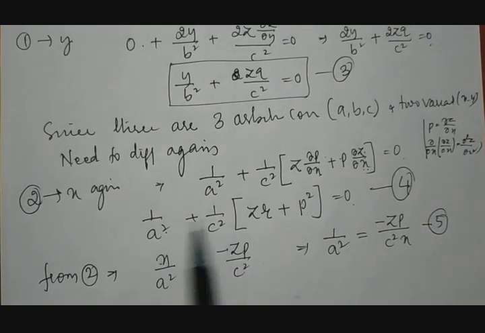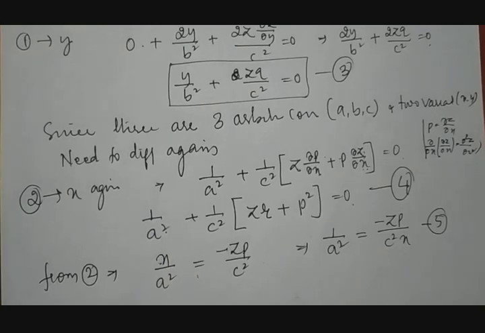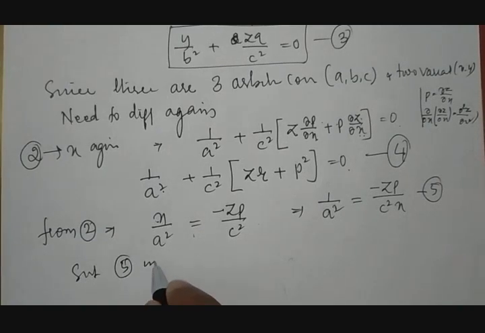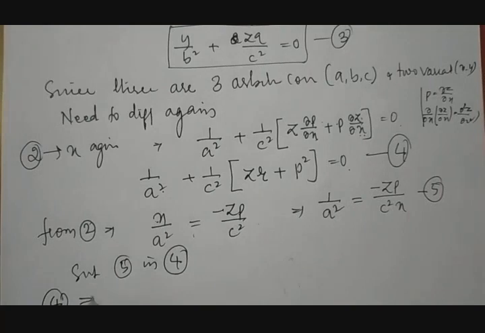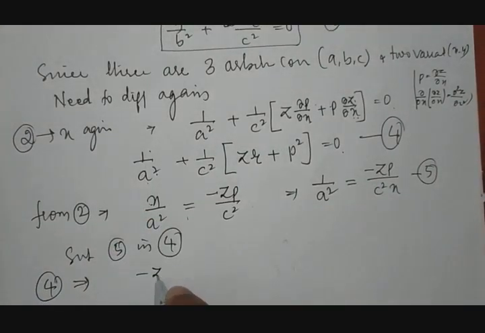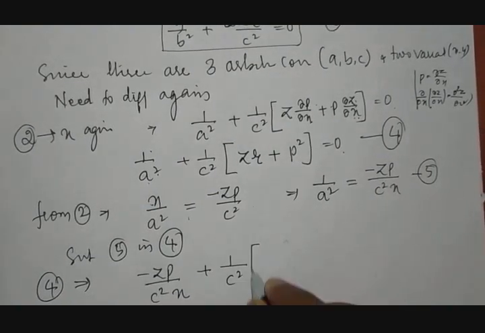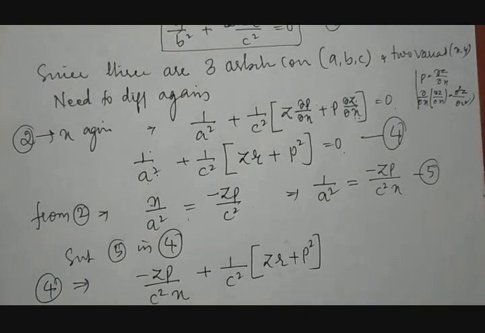Therefore in equation number 4, let us substitute equation number 5 as the value of 1 by a square. Then equation number 4 becomes minus zp by c square x, that is 1 by a square, plus 1 divided by c square into zr plus p square.